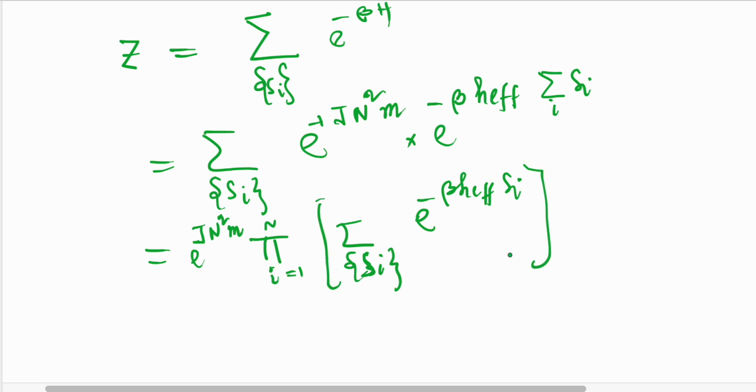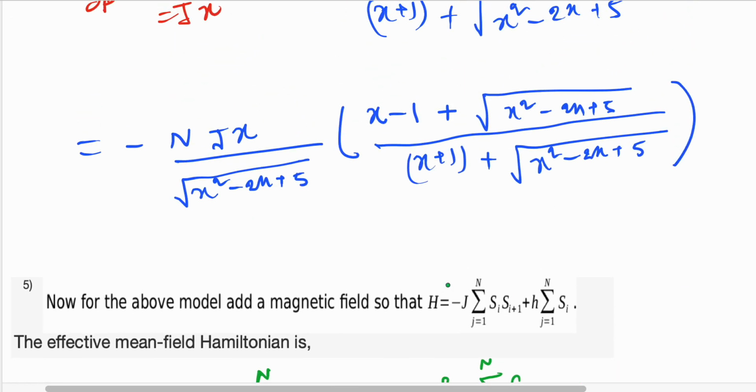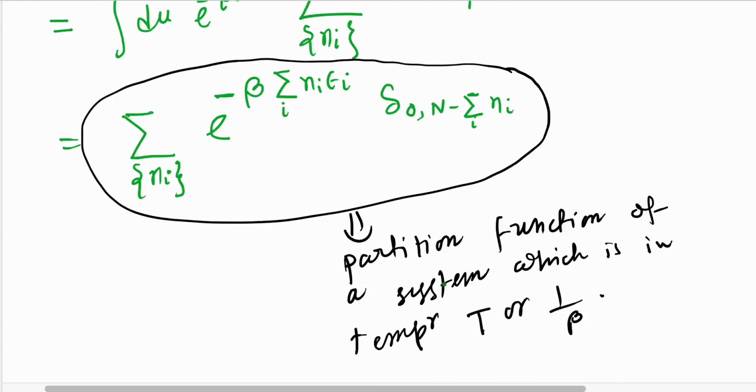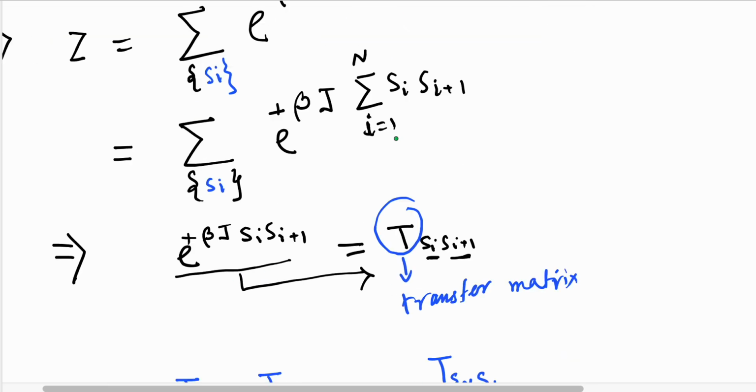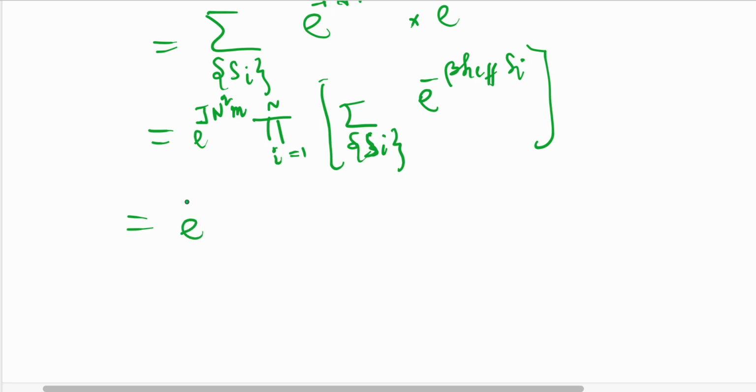And we know that for this particle Si can only take the value 0 or 1. In the first question, Si can take the values 0 and 1. That's why it will become the factor with J N M square, product over 1 to N. If we put 0, that gives 1, and if we put 1, it will become plus e to the power minus beta h effective.